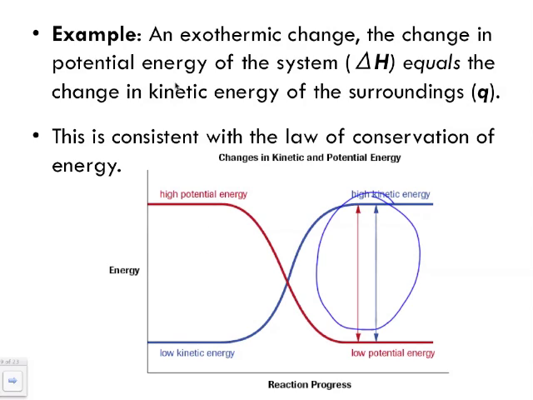So the change in potential energy of the system, delta H, equals the change in the kinetic energy of the surroundings, which is Q. So delta H represents the potential energy of the system. Q represents the heat of the surroundings, right? And this is consistent with what we said about the law of conservation of energy. That energy is not going to be created nor is it going to be destroyed. In fact, energy is just going to be transferred from one system to another.